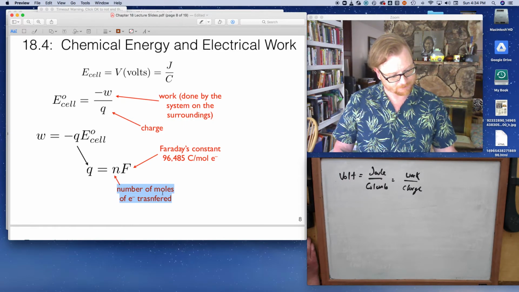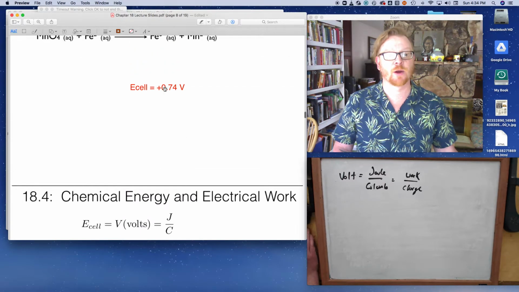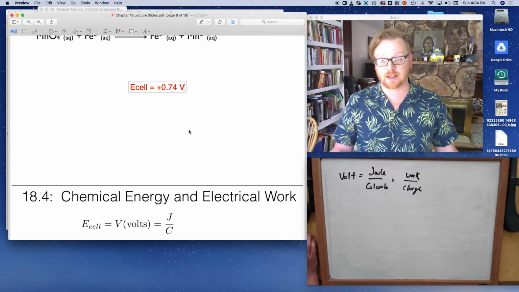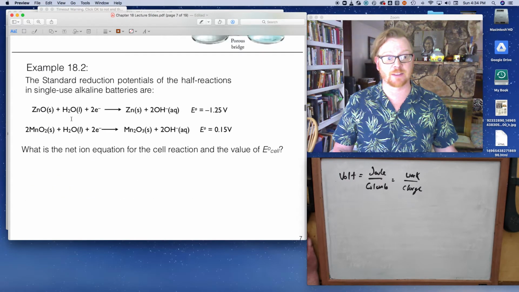What I should have said about the previous problem, just like we did above on some of these problems, is that you see there's 2 electrons in each of these reactions. So that's the number of moles of electrons transferred, 2 moles of electrons. But what if this was, let's say, 1 and this was 5?